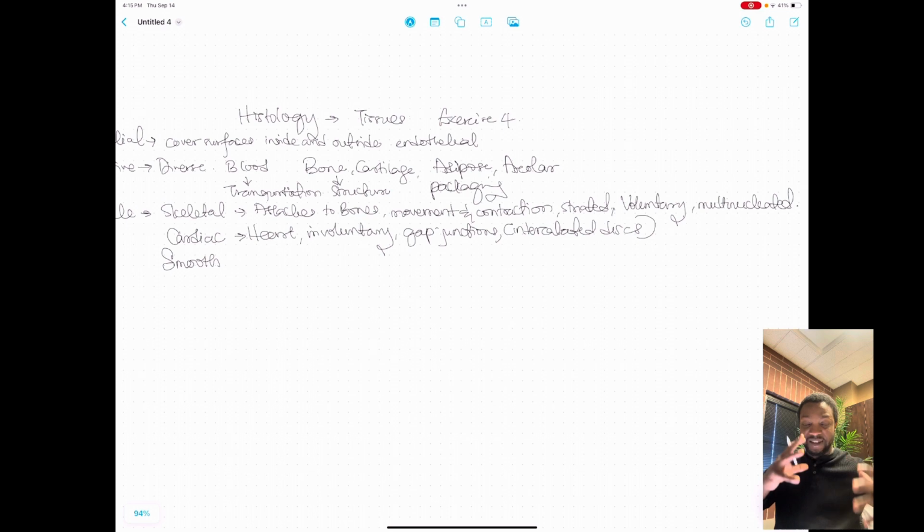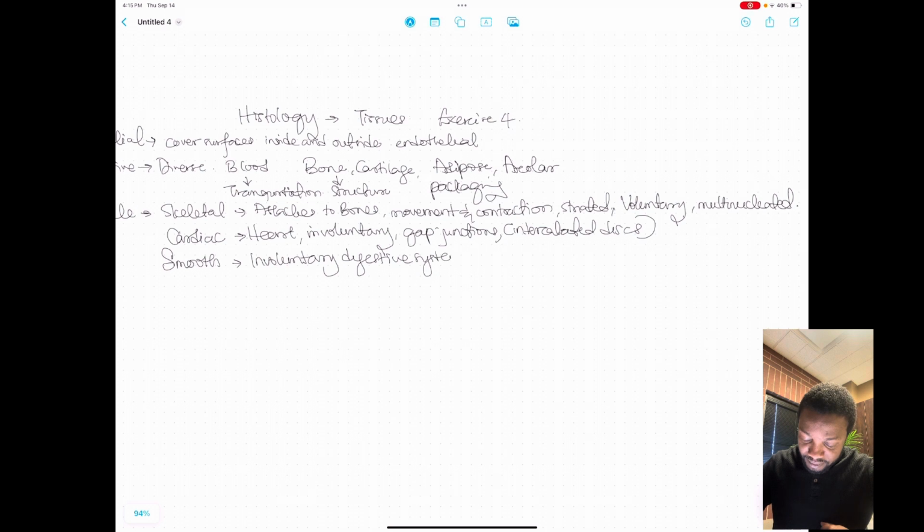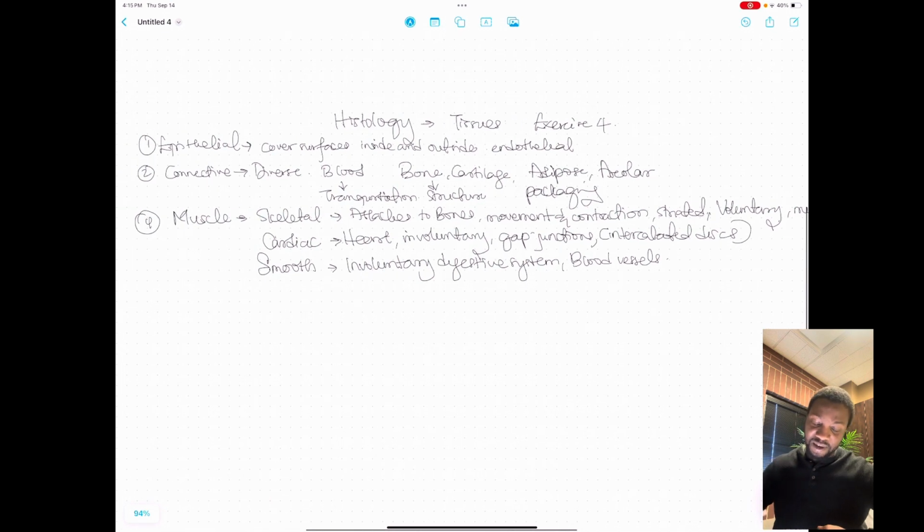They all beat together thanks to their gap junctions and intercalated discs. And then we have smooth muscle, which is involuntary, usually found in the digestive system and blood vessels, and found all over, in many parts of the body. So these are the different types of muscles.